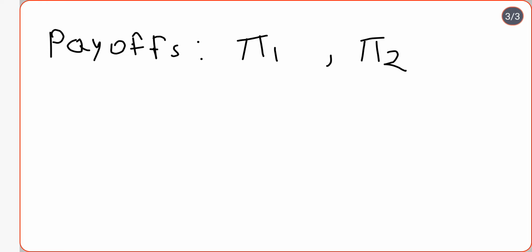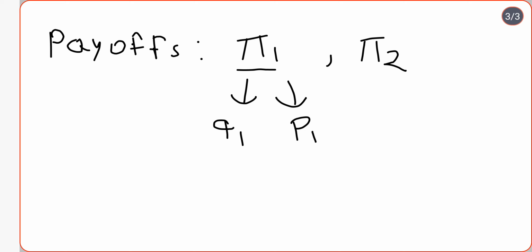This is the profit that each firm receives based on their chosen quantities, that is, how much they choose to produce, and the price of the product. Obviously the price will be determined by the demand for the aggregate quantity of the market.